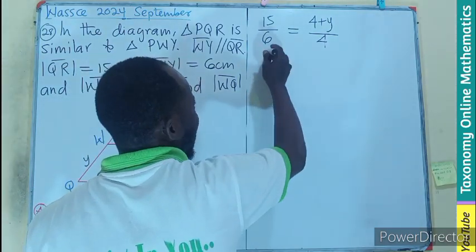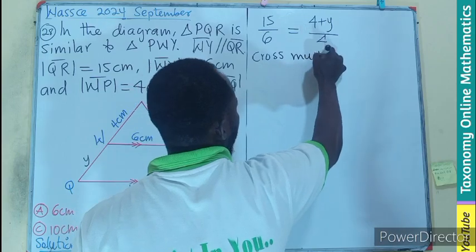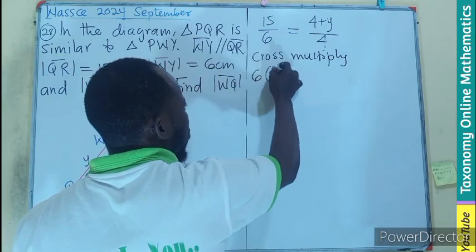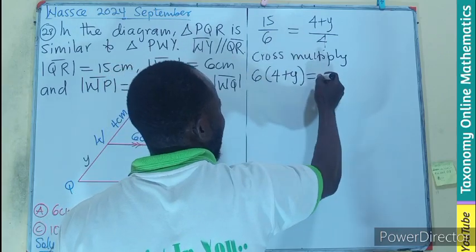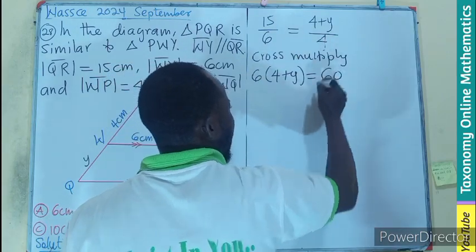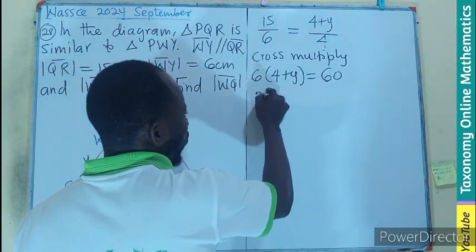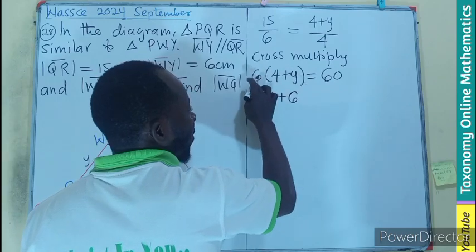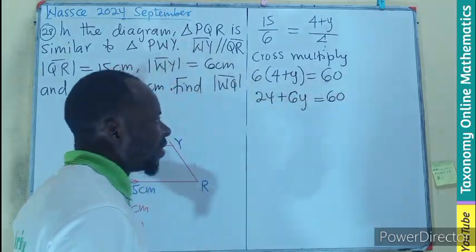So now we can cross multiply. If you cross multiply, you have 6 multiplying 4 plus Y, and 15 times 4 gives us 60. So 4 times 6 will be 24, and 6 times Y will be 6Y, equals 60.